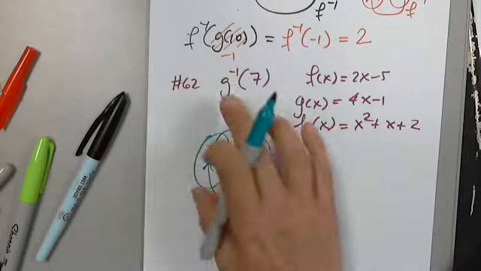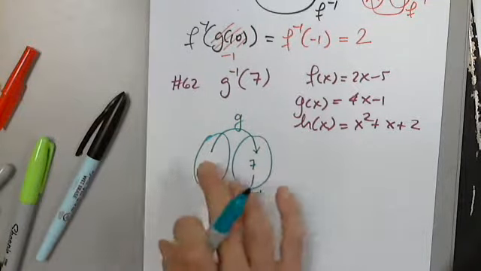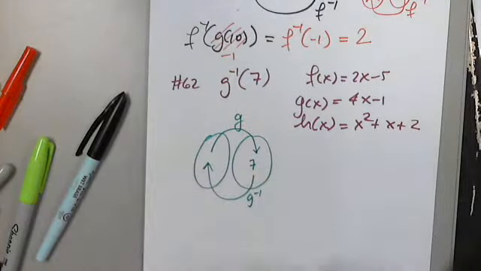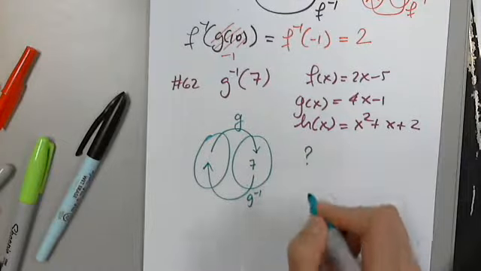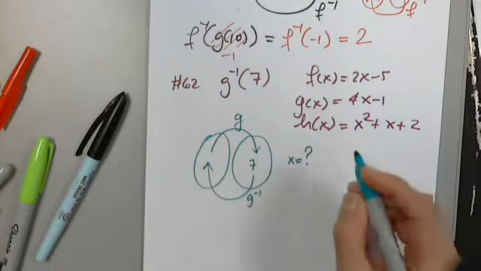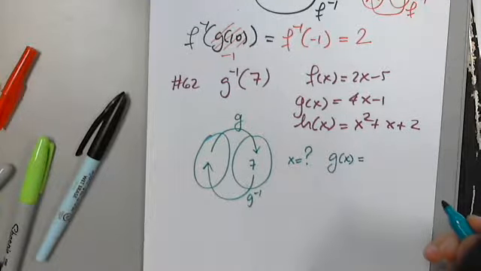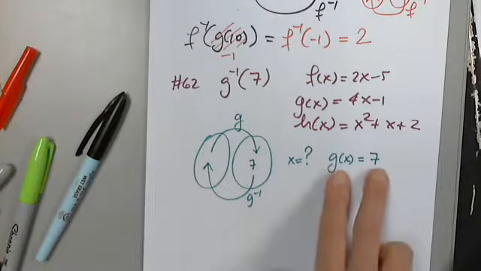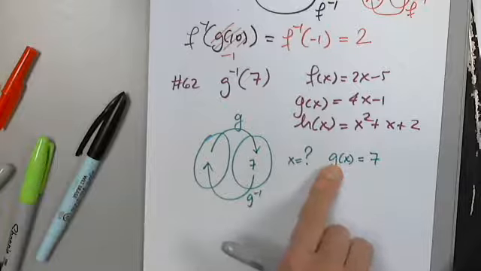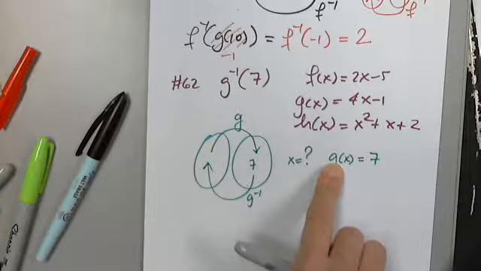Because when I apply G inverse to 7, I have to get back that number. So the question is, which number, which x, makes G of x equal 7? Exactly. So I have to solve this equation replacing G of x by 7.